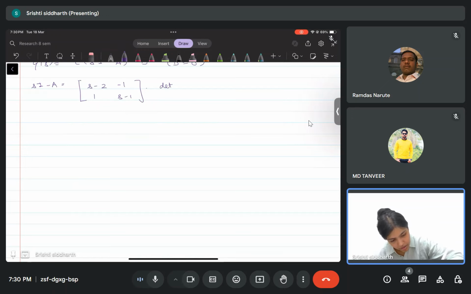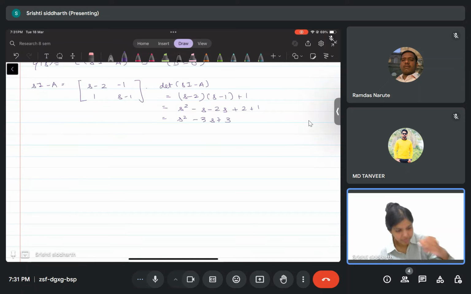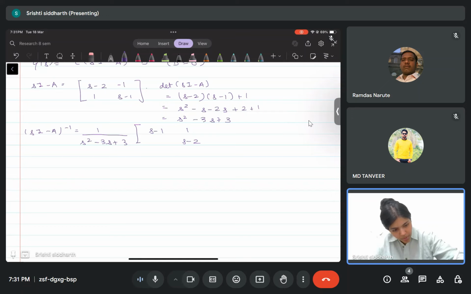The determinant is s squared minus s minus 2s. Alright. So (sI minus A) inverse is 1 upon determinant times [s minus 1, s minus 2; 1, minus 1].